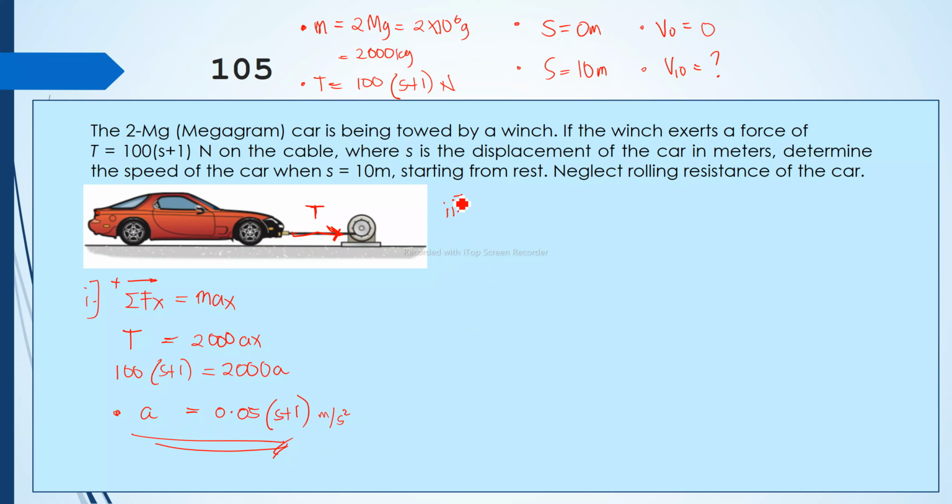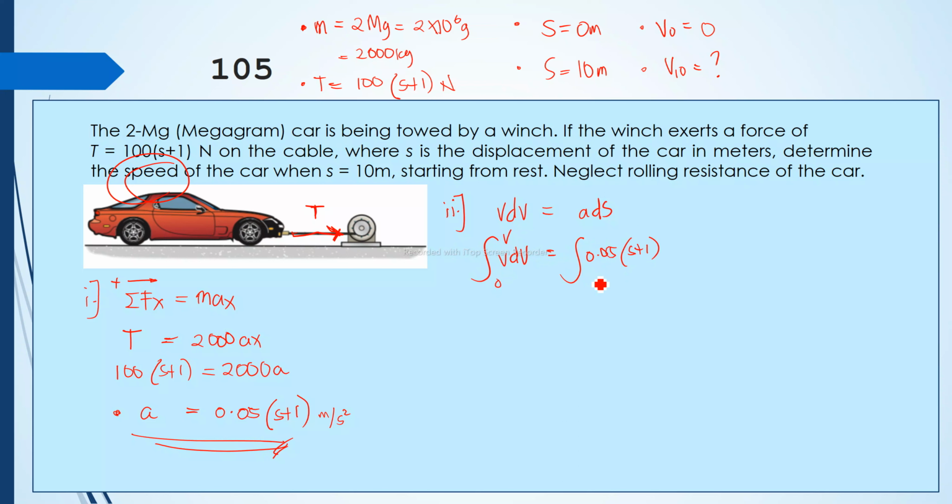Next, it is very obvious that we are going to use v dv equal to a ds, because we are asked to find the speed of the car. So we have v dv equal to 0.05 times S plus 1 ds. Integrate that. The lower limit for the velocity is 0 because it starts from rest, up to the final velocity.